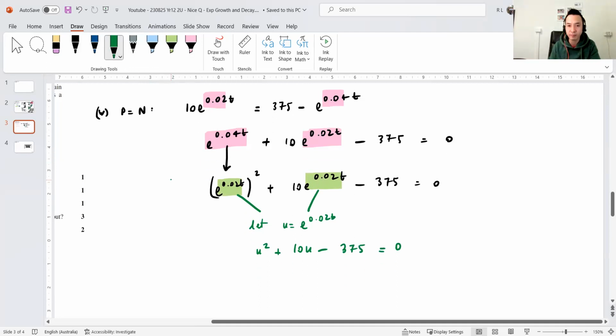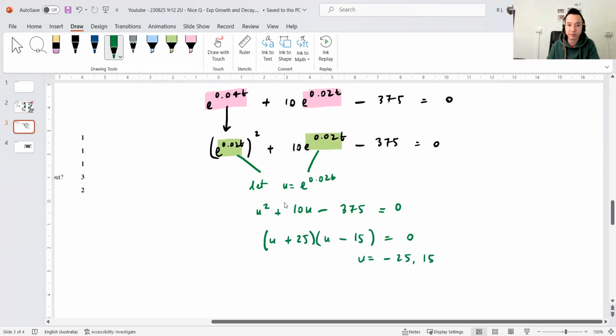How many marks, by the way? 2, 3, 3. This is an 8 marker. Wow, an 8 mark exponential growth and decay question. Guys, I think that's nicely factorizable. What do you say? 25 and 15, I believe. That's a plus, that's a minus. So u equals minus 25 or positive 15.